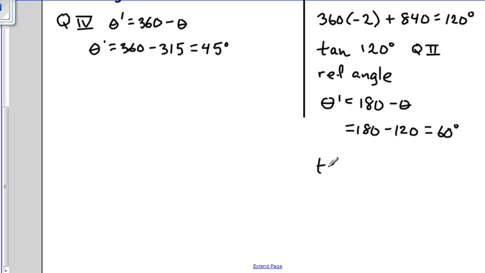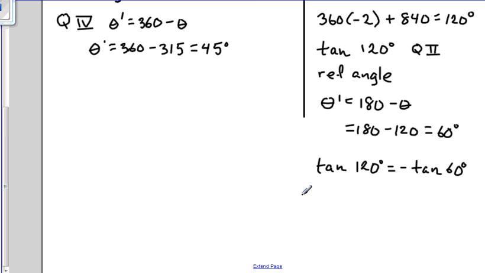So the tangent of 120 degrees is going to be the same as the tangent of 60 degrees. Now, the tangent of 60 degrees, this part over here is going to be an acute angle that's in the first quadrant, but 120 degrees is in the second quadrant. Recall once again from all students take calculus that in the second quadrant, the only one that's positive is sine. So tangent is going to be negative. So whatever answer we get is going to have a negative sign in front of it.